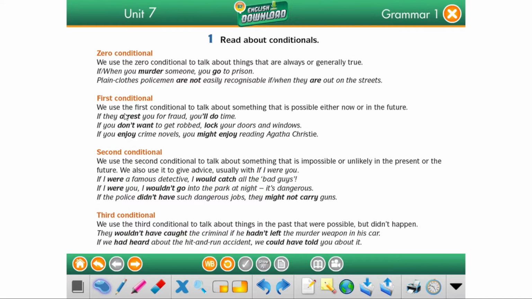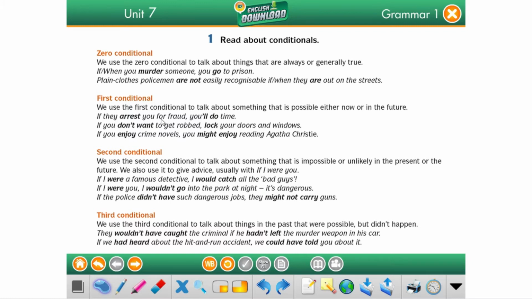Remember that the first conditional is to talk about something that is possible in the present or in the future. In the case of the first conditional, our if clause is expressed in present simple, but our main clause is in future simple. And also we divide these sentences by a comma.